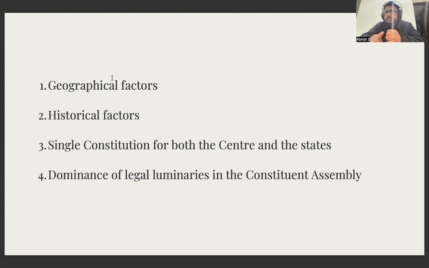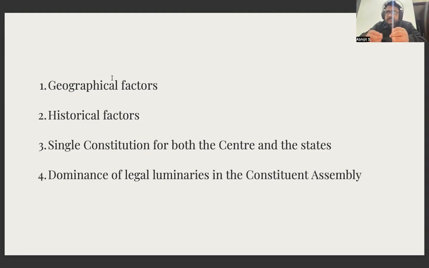One, the geographical factors that the Indian subcontinent provides, or the contours of the Indian state provided to the makers of the constitution, the challenge that it posed, the diversity not only in terms of the geography of the land but also in terms of its people and the culture of the people.